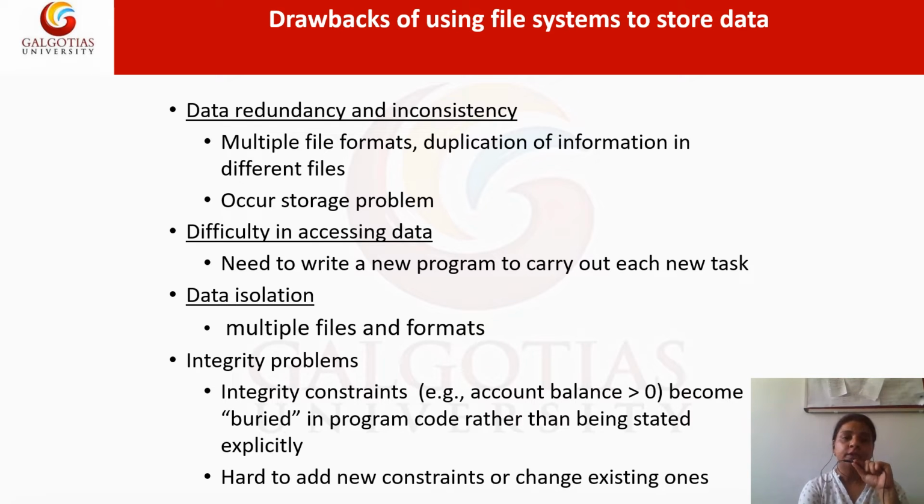Suppose as a student you come into the university and your data is stored in many departments. When you took admission, your data is with the admission team, and after that when your department is finalized, your information is stored with the department in a particular format. And after that when you pass one semester exam, your data is with the exam cell as well. So there are three different departments and your data is maintained in different file formats.